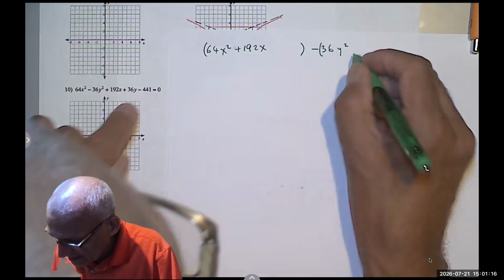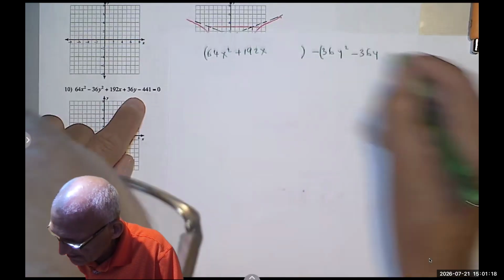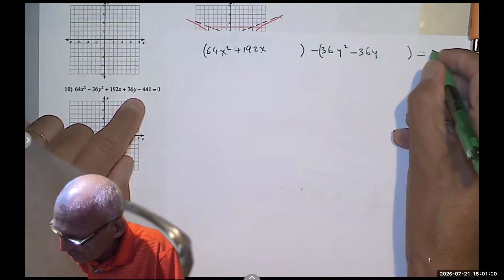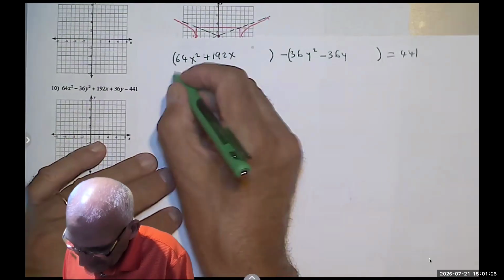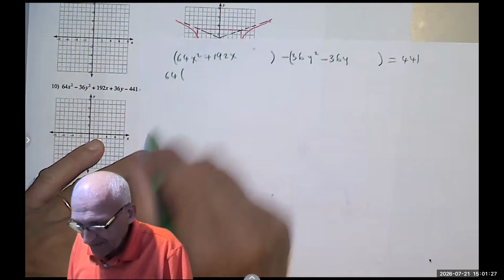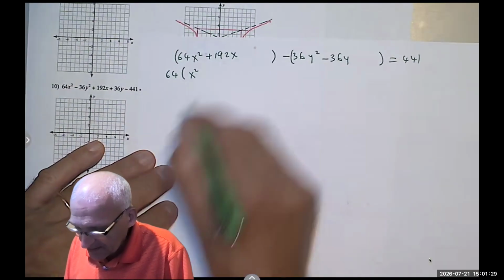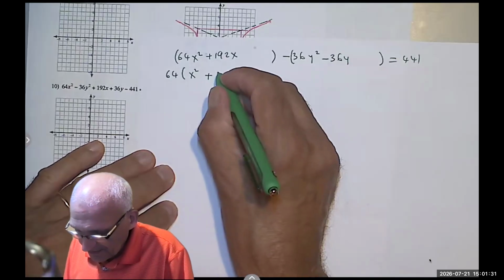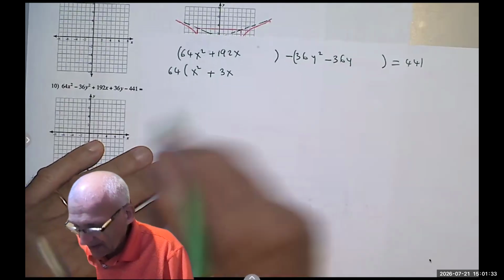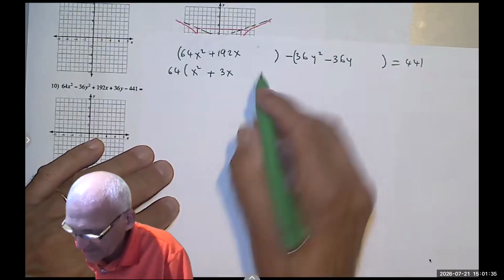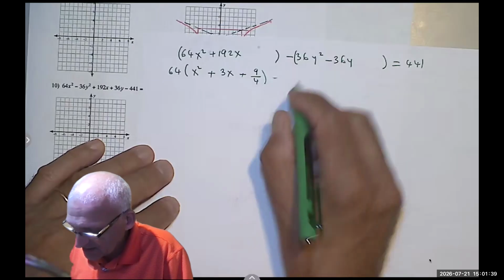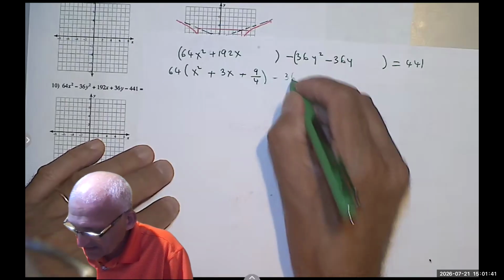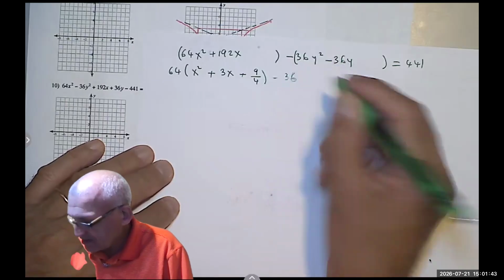So we'll do it in 2 steps. I'm going to move it to the other side. I'm going to factor out the 64, and that would be x squared plus 3x. I will divide by 2 to get 3/2, and square it I get 9/4, minus 36. Oh my God.